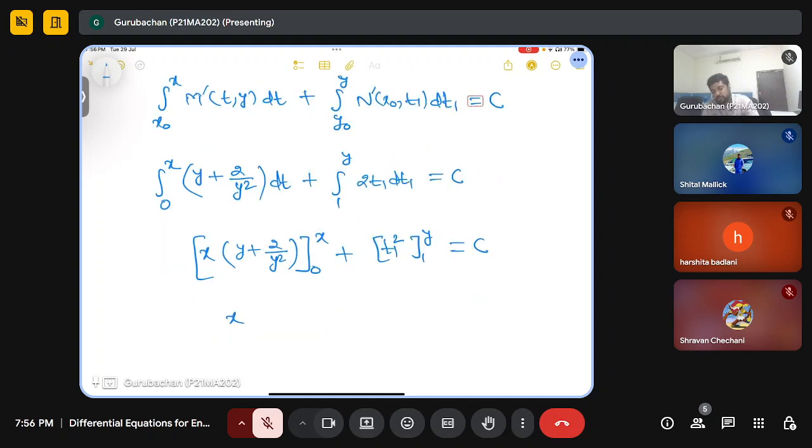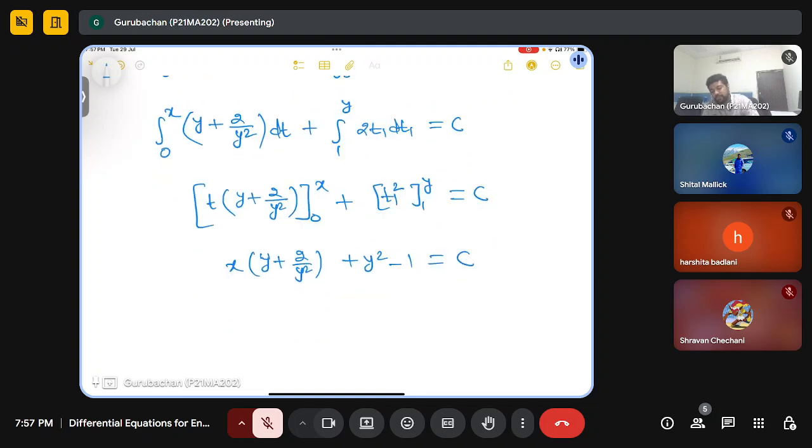So this will give you y plus 2 by y square, and at 0 it will be 0, plus y square minus 1 is equal to c.